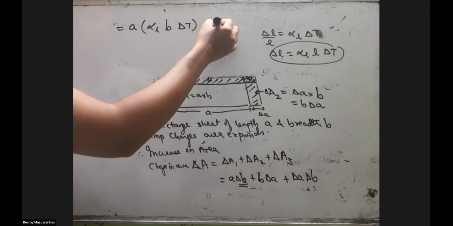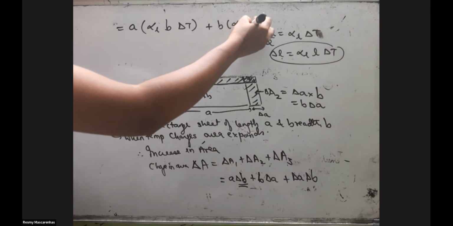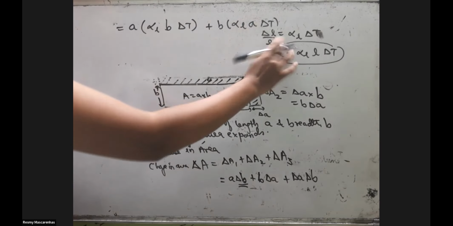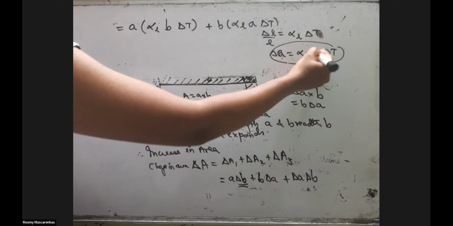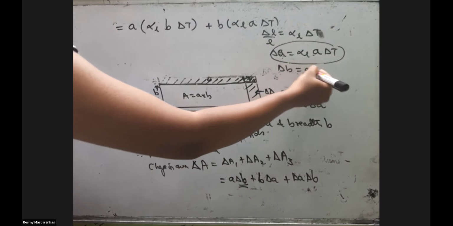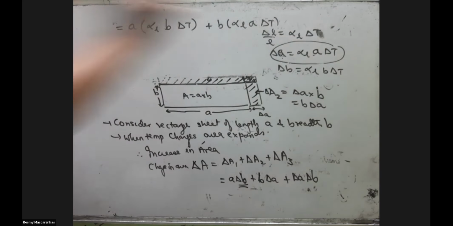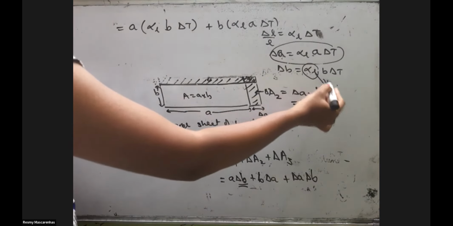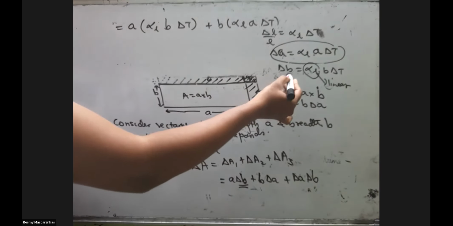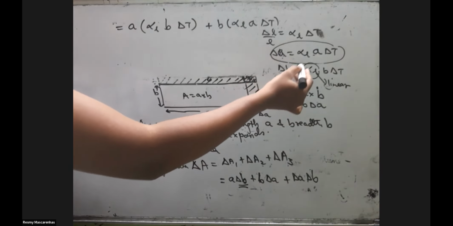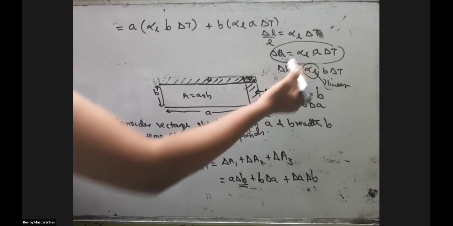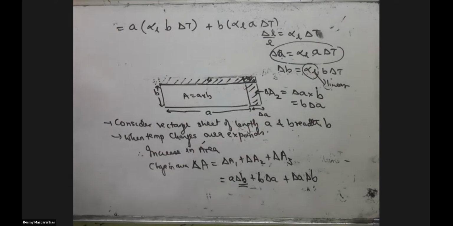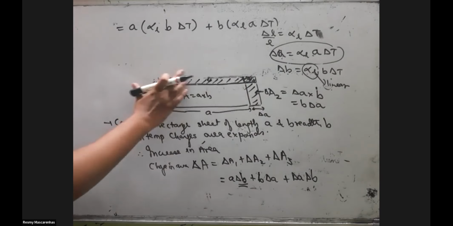Delta A will be alpha L A delta T. I'm just replacing this by A, so this will become A. If I'm replacing this by B, it will become the same thing. This L we don't have to change, because this L means linear and the other means length. That L we have to keep the same because these are linear expansions. Length is increasing, and even breadth goes under length only.